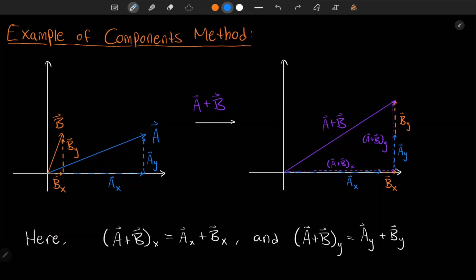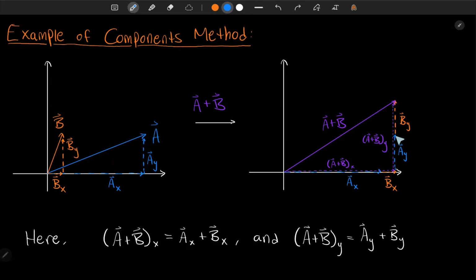Then, if we add a and b together, the way that we do that is we take ax and we move bx to the tip of ax. As you can see on the right here, we took bx from here and we just shifted it over until the tail of bx was on the tip of ax. And then these add together to form the x component of a plus b.